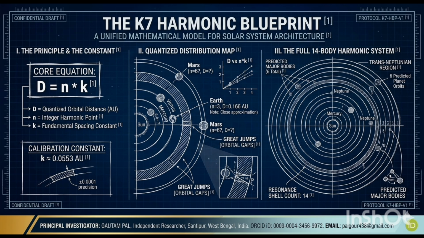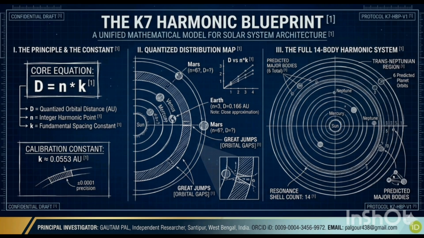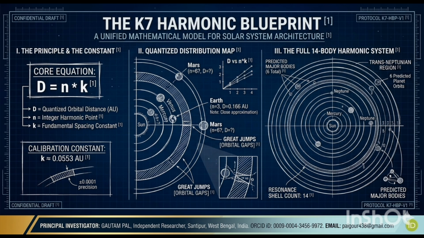Well, these exact same spatial distribution laws govern the freeze-out of quark-gluon plasma. That's the ultra-hot fundamental soup of particles that existed just fractions of a second after the Big Bang.